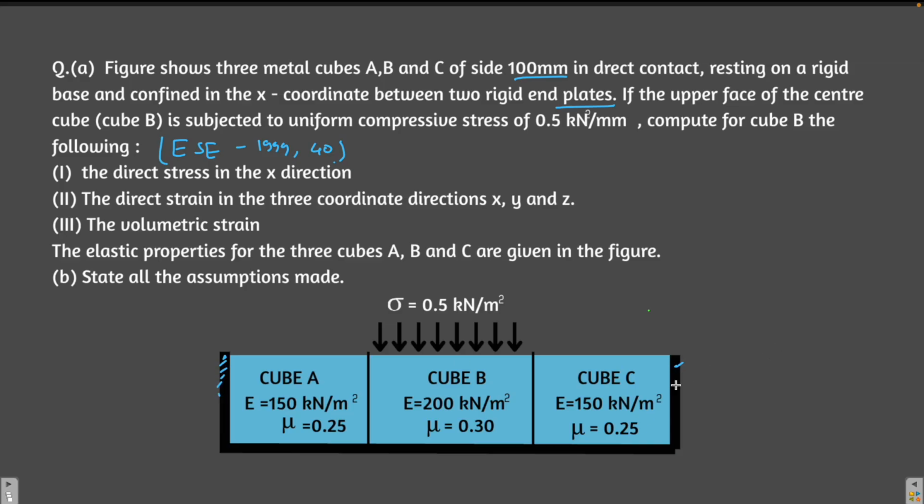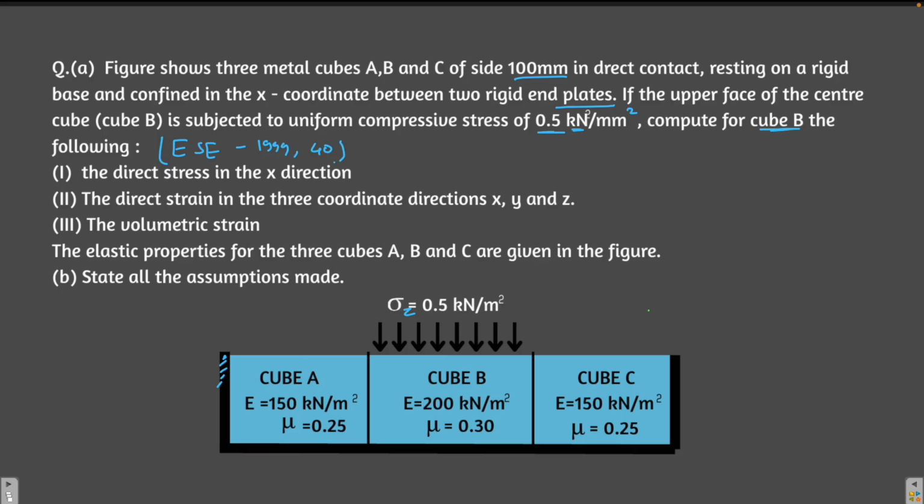These black walls are very rigid, so they will not move. If the upper face of the center cube, that is cube B, is subjected to a uniform compressive stress of 0.5 kilonewton per millimeter square, here's the compressive stress, and it is sigma z given to you.